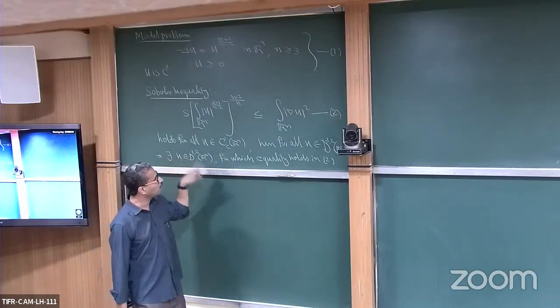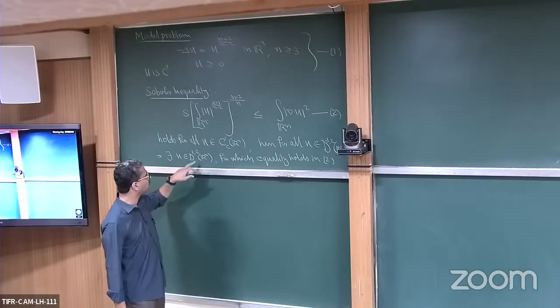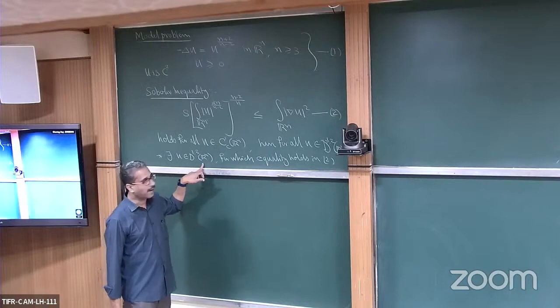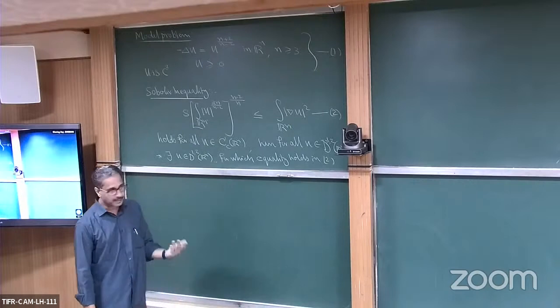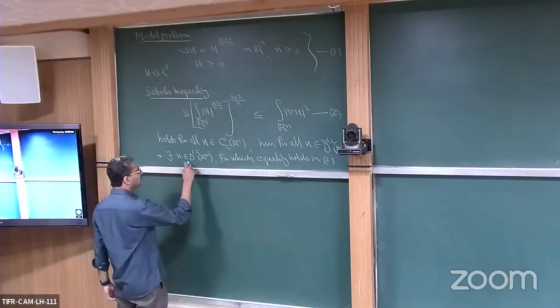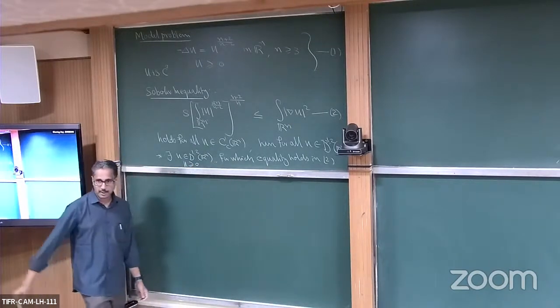Once it holds for u, you can show that |u| is also in that space, and so |u| also achieves the equality. That way, you can also assume that this u is greater than or equal to 0.